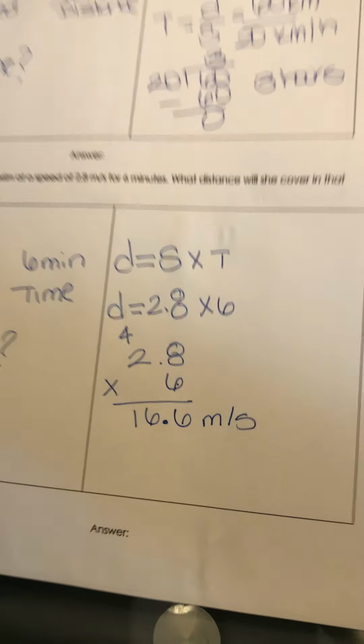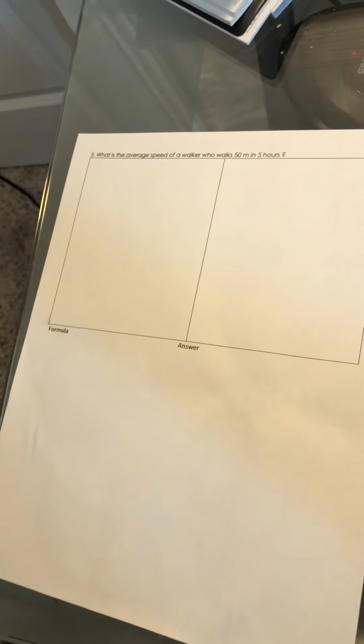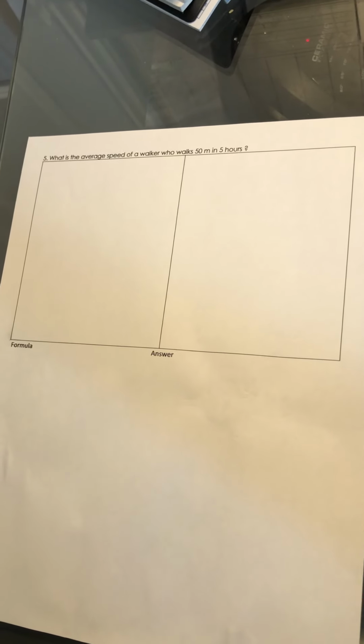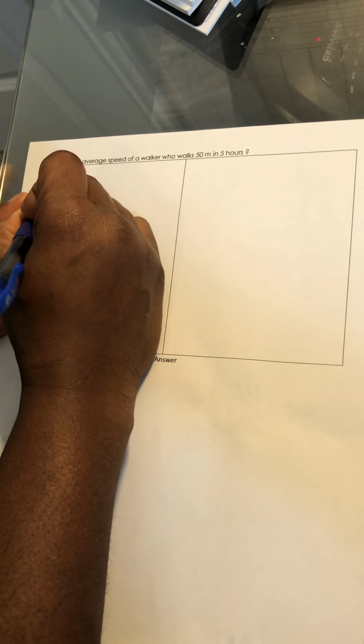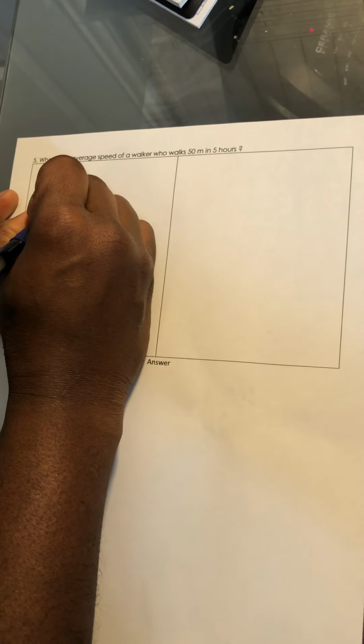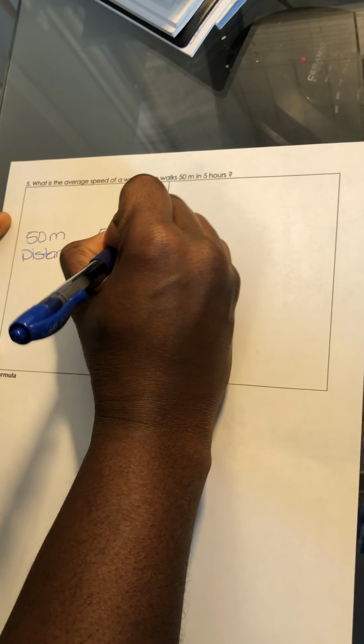All right. Our last problem. What is the average speed of a walker who walks 50 miles in 5 hours? So let's write down what information is given. They said that the walker can walk 50 miles. So that's a distance in 5 hours.